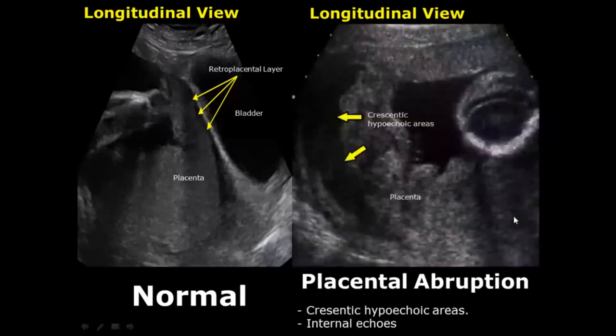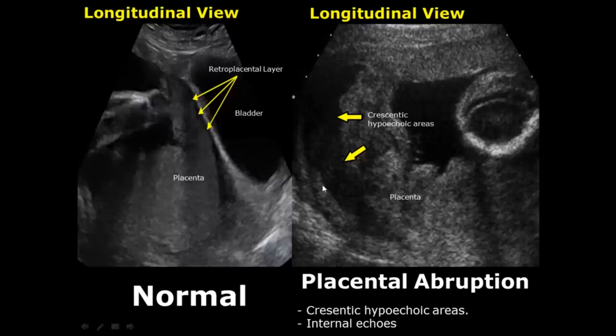Placental abruption is the premature separation of the placenta from the uterine wall. It is very difficult to diagnose it on ultrasound, as it can be confused with other conditions such as retroplacental hematomas, but it has a few features.